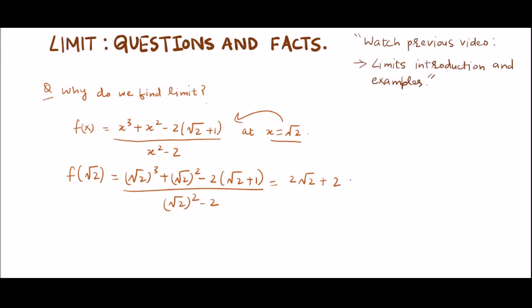So it will be 2 minus twice of root 2 plus 1 whole upon 2 minus 2, which is equal to, so this term can be written as twice of root 2 plus 1.